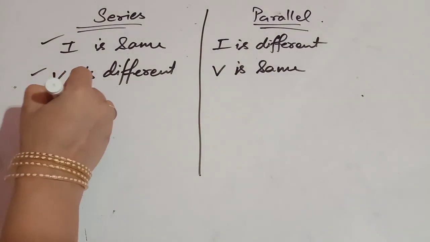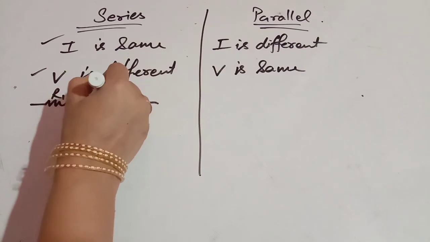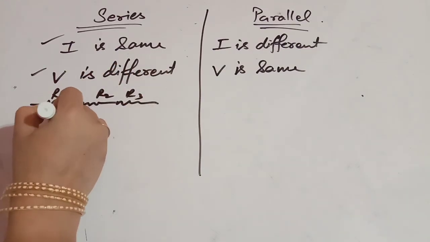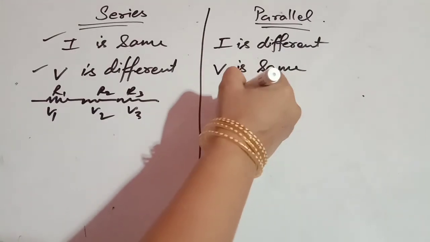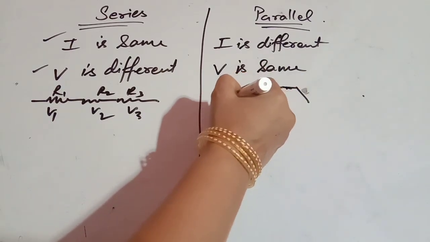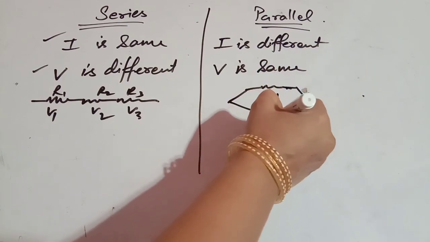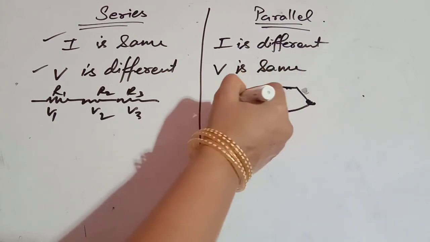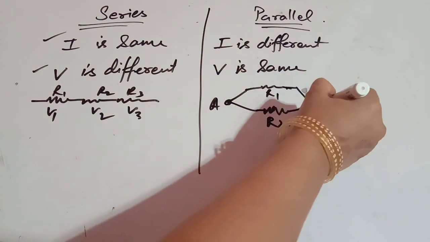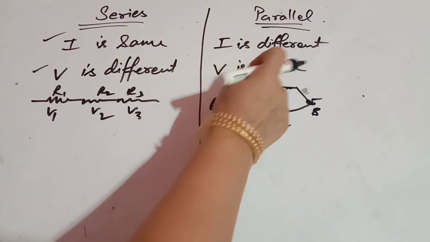If you remember, in the series diagram with R1, R2, R3, there are different V1, V2, V3. But in this case, suppose we consider only two resistors, R1 and R2, across the ends A and B. These ends are same, so the potential difference is same.